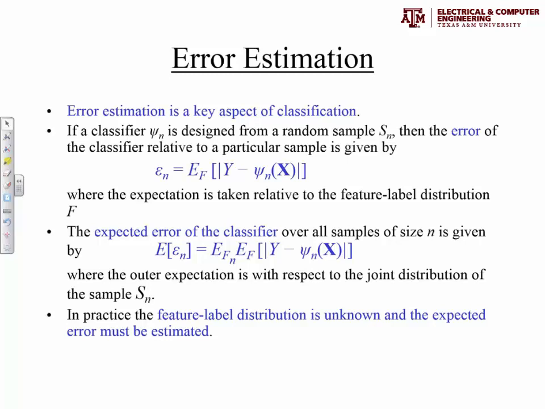So the expected error of the classifier over all samples of size n is given by the expectation of epsilon n. So you have to take two expectations, one with respect to the feature label distribution, and then you have to take the expectation with respect to the joint distribution of the sample Sn.